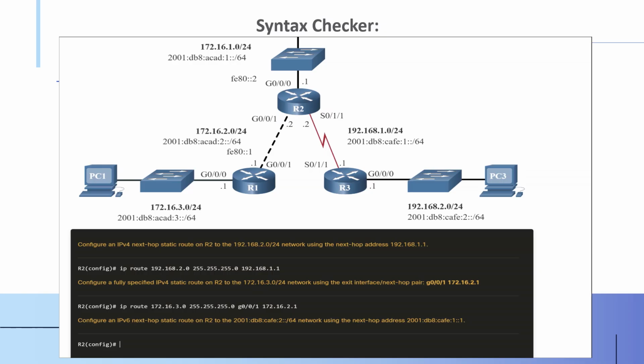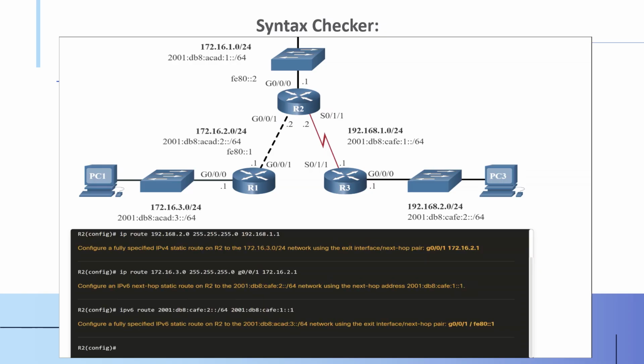And we use the ipv6 route followed by the destination IP address, which is the IP address of the network connected to router 3 as a remote network for router 2, followed by the prefix length for this network, and followed by the next hop IP address, which is the IP address of the serial 011.